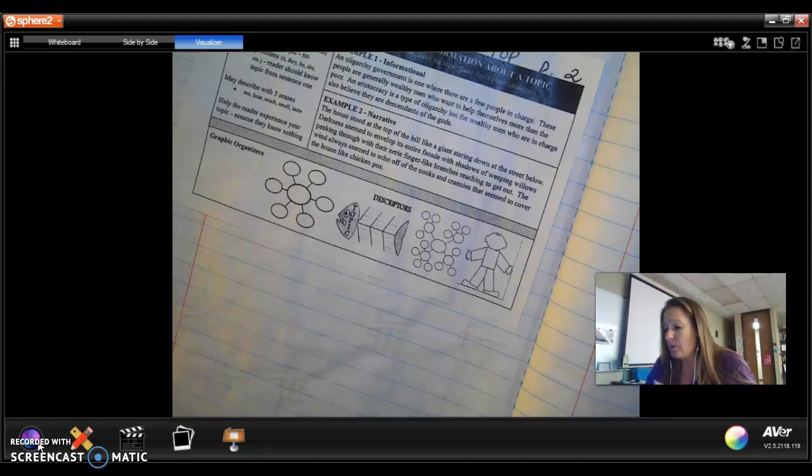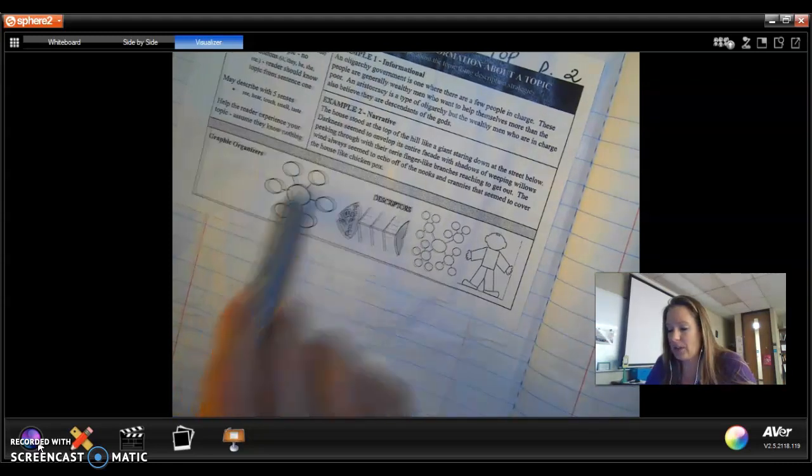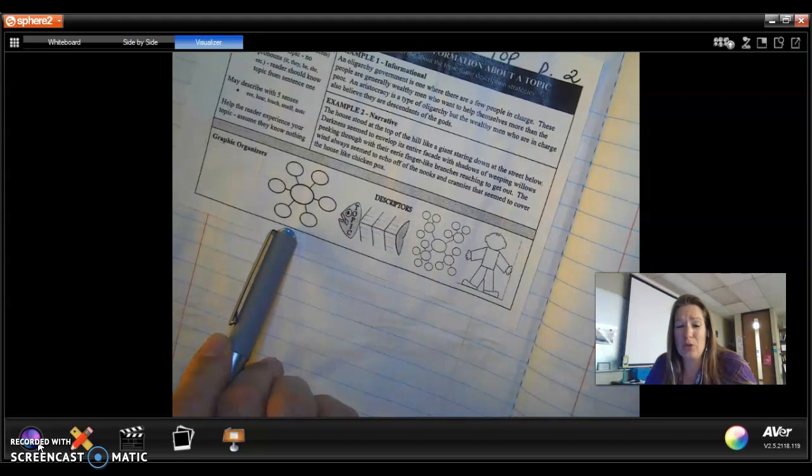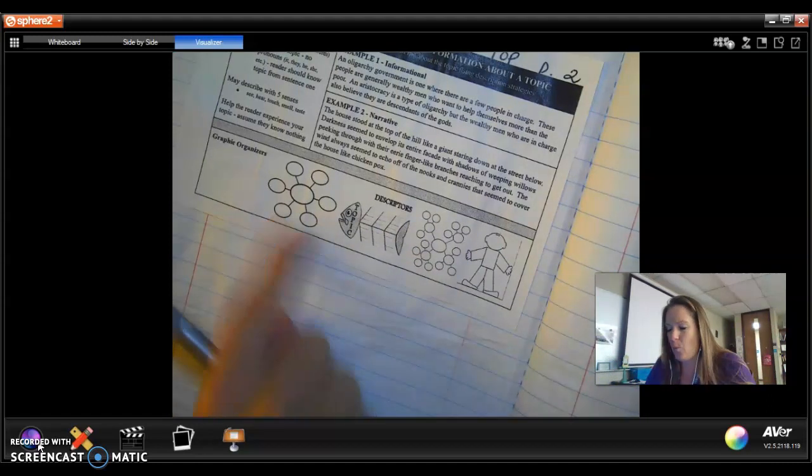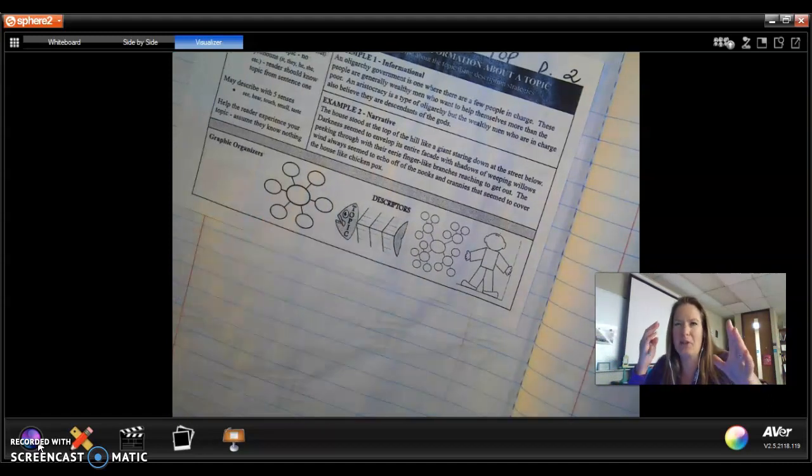So what we're going to do is think about your topic, and work to describe the topic, okay? I will tell you that the circle with the lines coming off of it is kind of my go-to graphic organizer for all things that we do, except for comparing. And I like to have that one go-to so my brain doesn't have to think every time, okay, so now I'm doing cause and effect, which graphic organizer do I need?